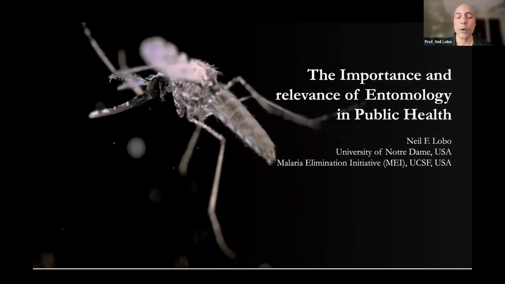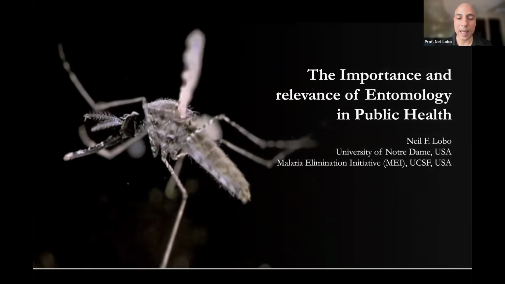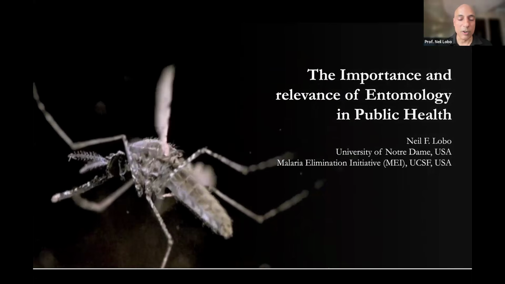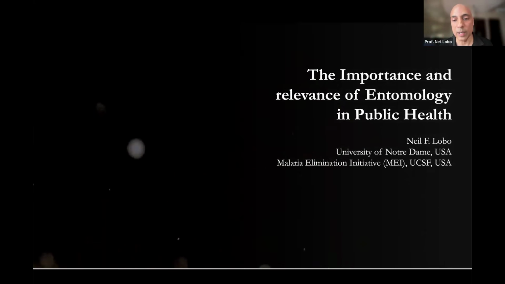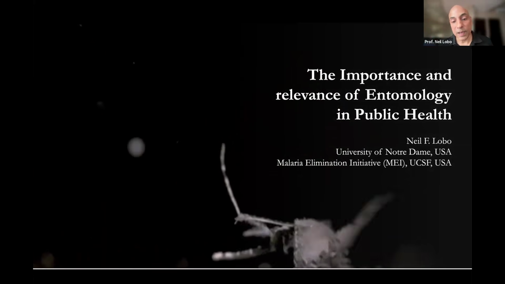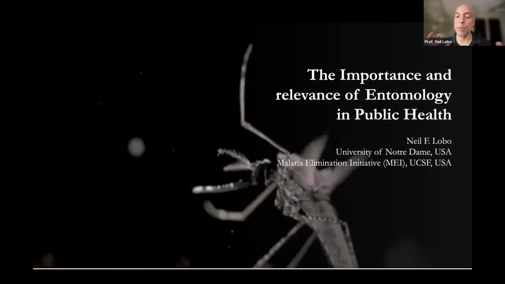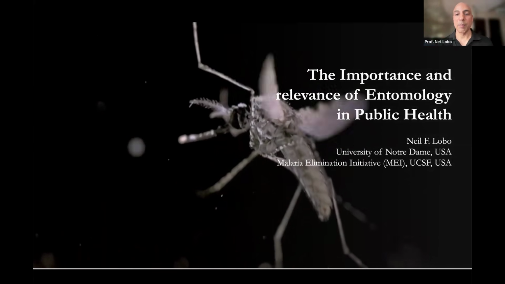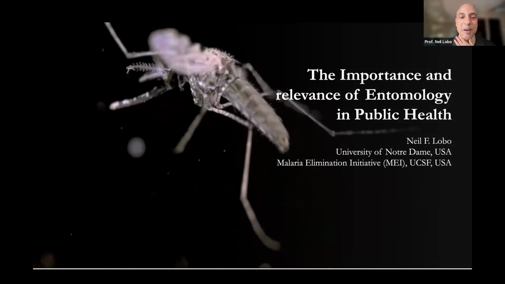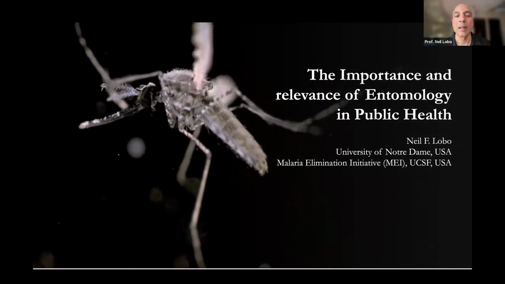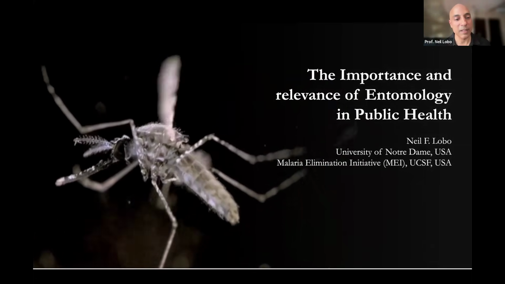Along with this, I'm going to go through a couple of key concepts that I hope you sort of ingrain in the back of your head, so that whenever you're working with entomological surveillance and malaria, you remember these key concepts. And by the way, this first slide is the favorite slide I've ever made, and the video is of Anopheles stephensi, and this was made by the Bill and Melinda Gates Foundation.